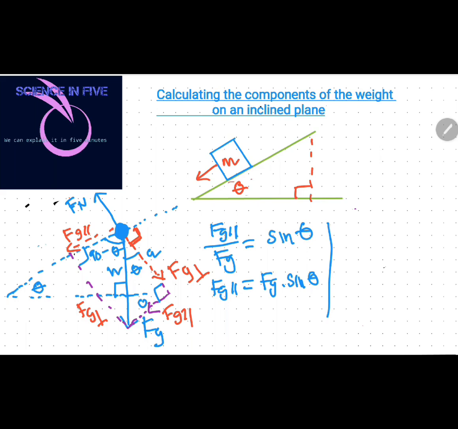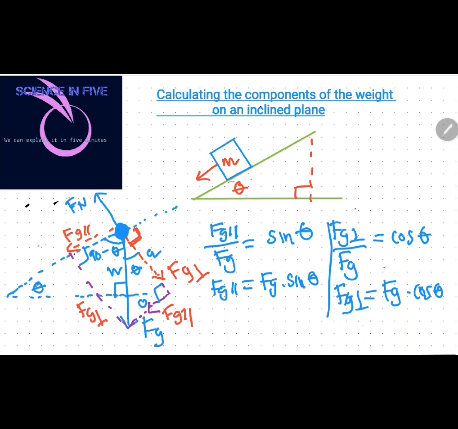Similarly, Fg perpendicular over Fg is equal to the cos of theta, adjacent over hypotenuse. For the sine, it was opposite over hypotenuse, we can see that. Therefore, Fg perpendicular is equal to Fg times the cos of theta.